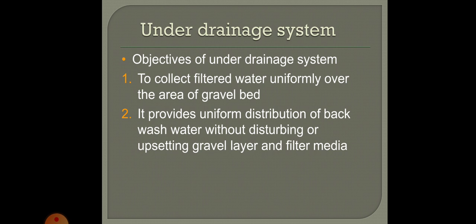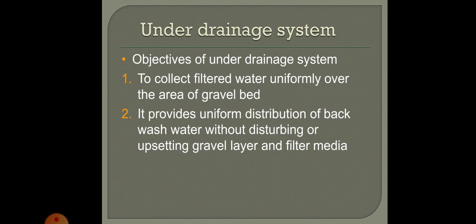Now coming to the under drainage system. The under drainage system has mainly two functions. Firstly, it will collect the filtered water over the area of the gravel bed, and secondly, it provides a uniform distribution of backwash water without upsetting the gravel bed and the filter media.